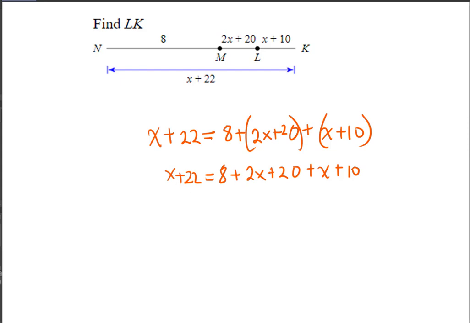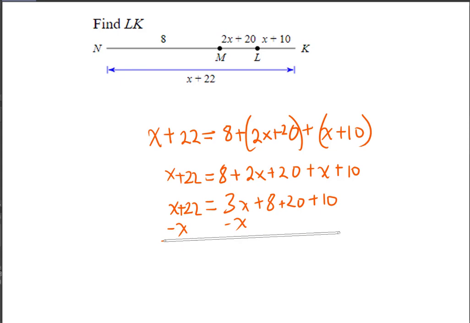Now what I'm going to do is combine like terms here. So I now have 3x. I'm not going to skip any steps here. I'm literally going to go slowly so I don't lose any of you, okay? And this is x plus 22. Now I'm going to subtract x from both sides, right?